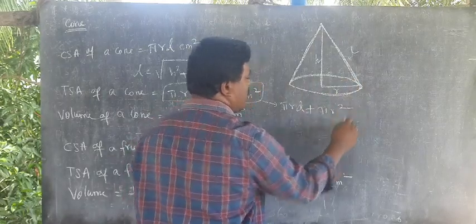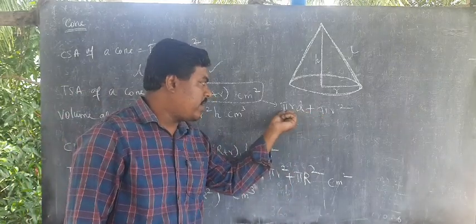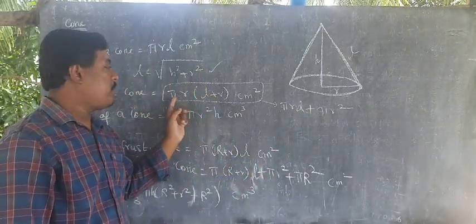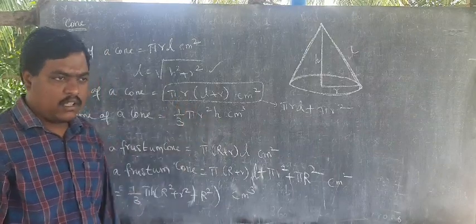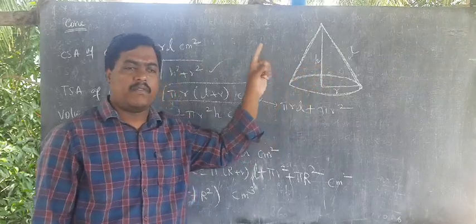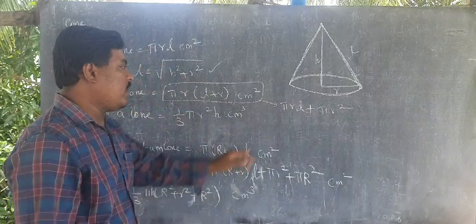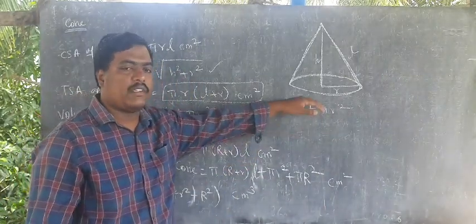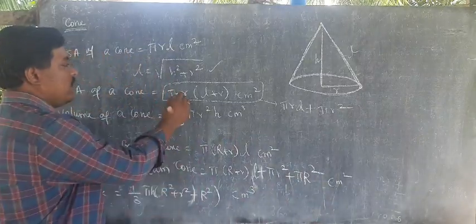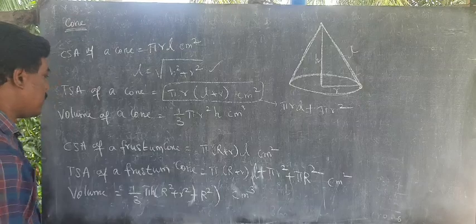So pi r L is the CSA, plus one circle area, pi r square. Taking common, we get pi r into L plus r centimeter square.